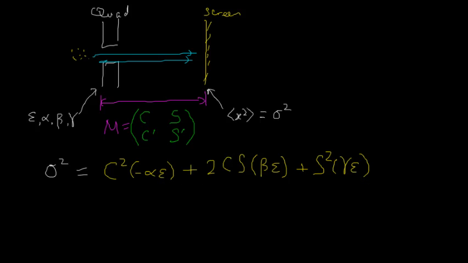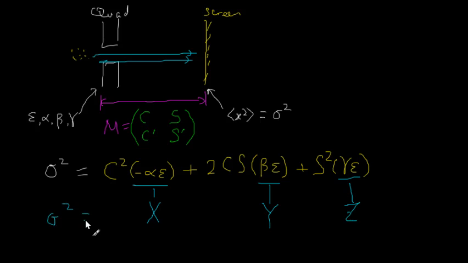So what I'm going to do is rename this minus alpha epsilon, just to make the equations look a bit easier afterwards. I'm going to call this big X. I'm going to call beta epsilon big Y, and gamma epsilon, I'm going to call that big Z. So my equation now looks like this.